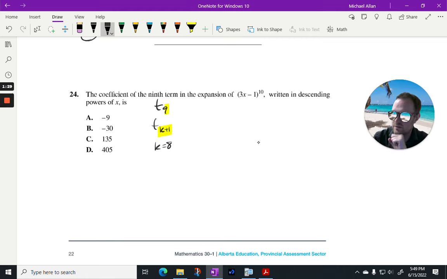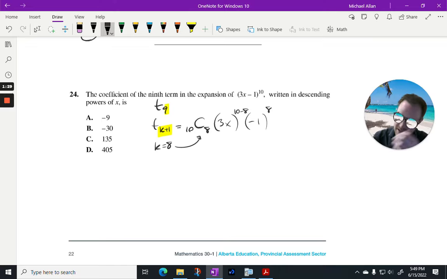I go to the formula: 10C8, then 3x to the power of n minus k, so 10 minus 8, to the power 2, then -1 to the power of k.